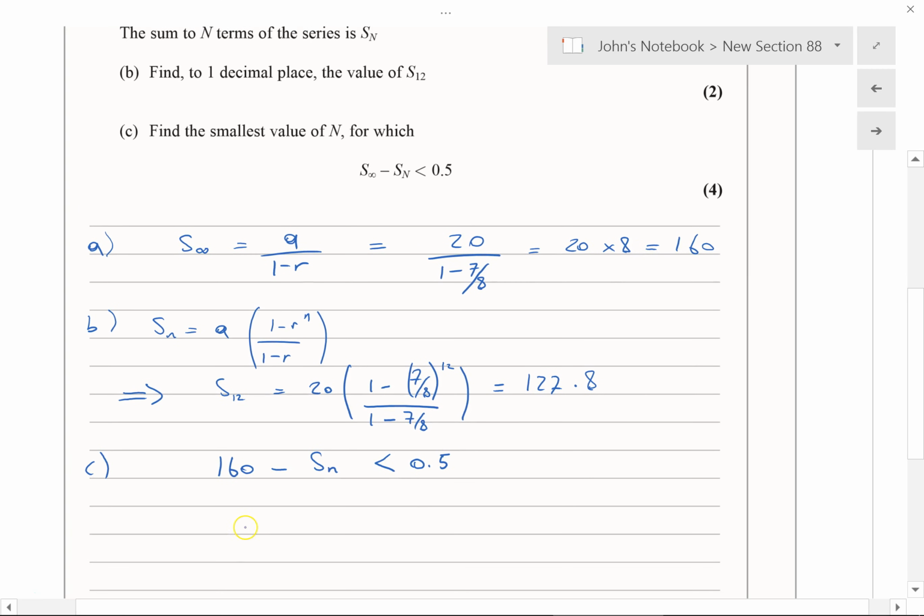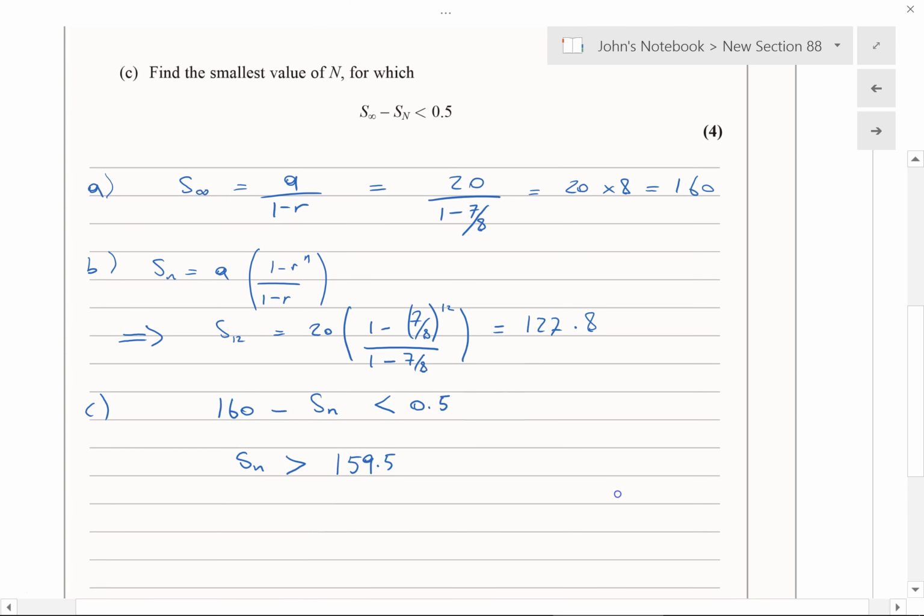So effectively, we want Sn to be greater than 159.5. Be careful with the inequalities, but hopefully you can see that the inequality is in the correct direction there. We want the difference to be less than 0.5, and intuitively Sn would have to be more than 159.5.